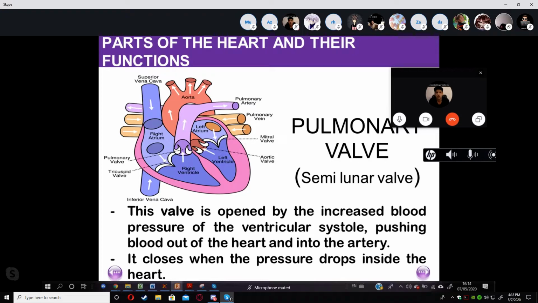It closes again when the ventricles undergo relaxation, or diastole. During ventricular diastole, the pulmonary valve closes.